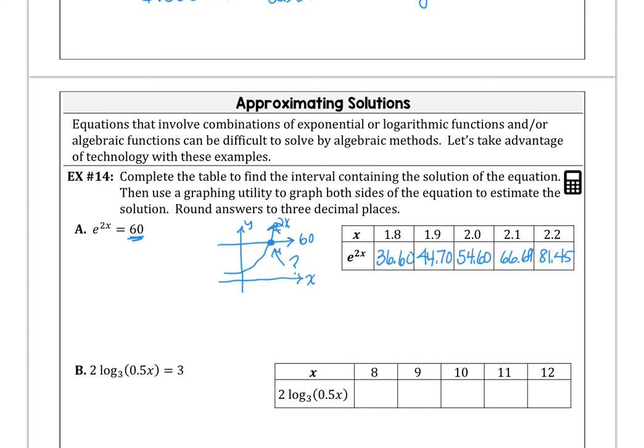So on 2 to 2.1, x is about 2.047. So what I did was I zoomed in between here and looked at trace, and then I used the intersection feature and found that location.